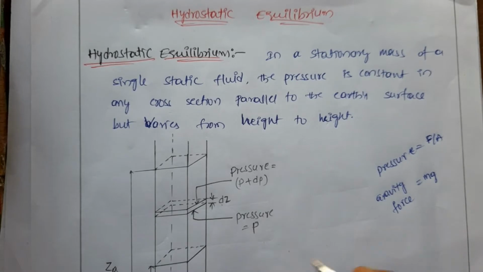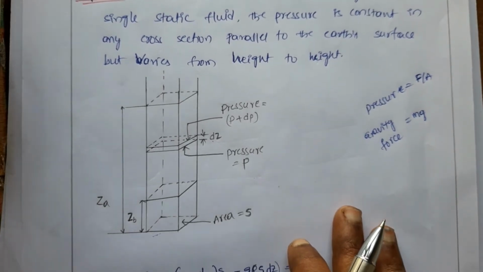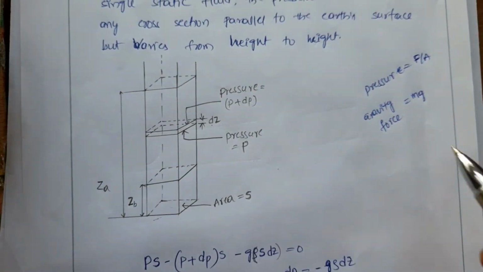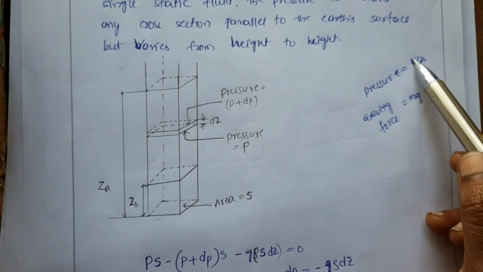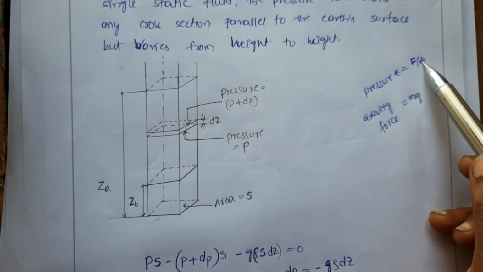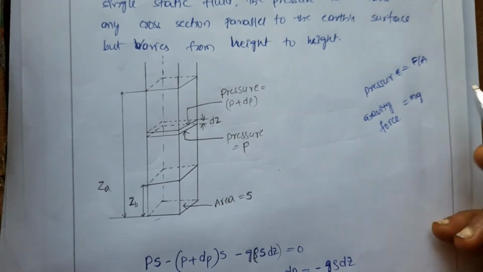If there are no accumulation or any other forces, in such case the sum of the forces will be 0. Here pressure is defined as force per unit area, so pressure force equals pressure into area. Similarly gravity force is mg.